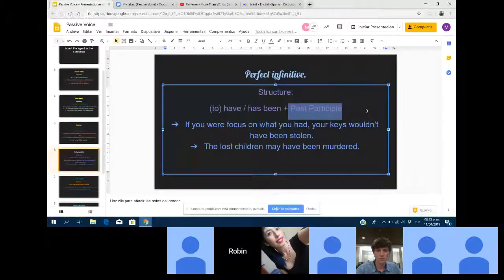Okay. I'm gonna read the first example sentence. If you were focused on what you had, your keys wouldn't have been stolen. So here is the right use of stolen, Michael. That's correct, although there's one issue with the first part of the sentence. If you were focusing on what you had.